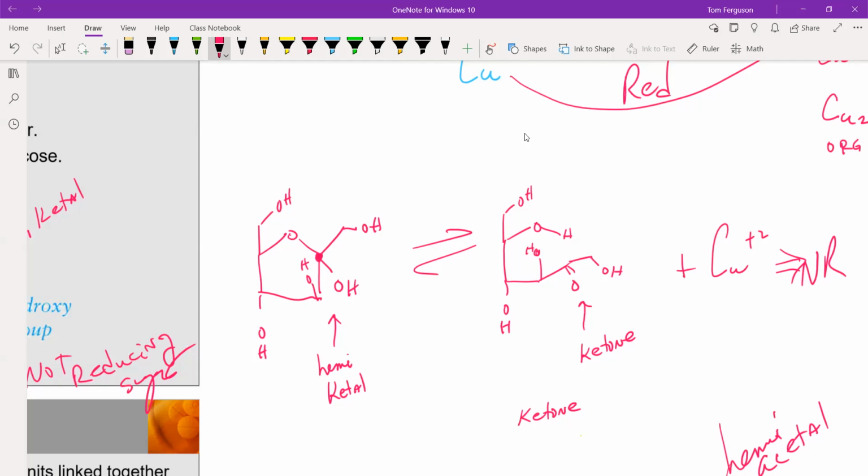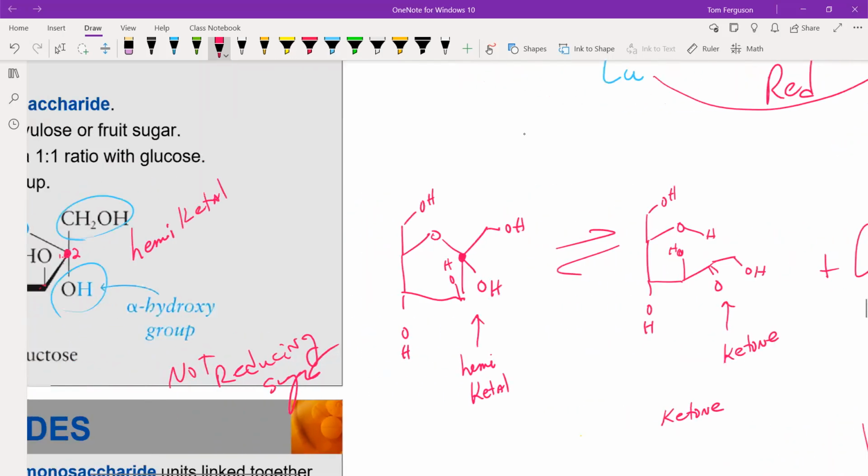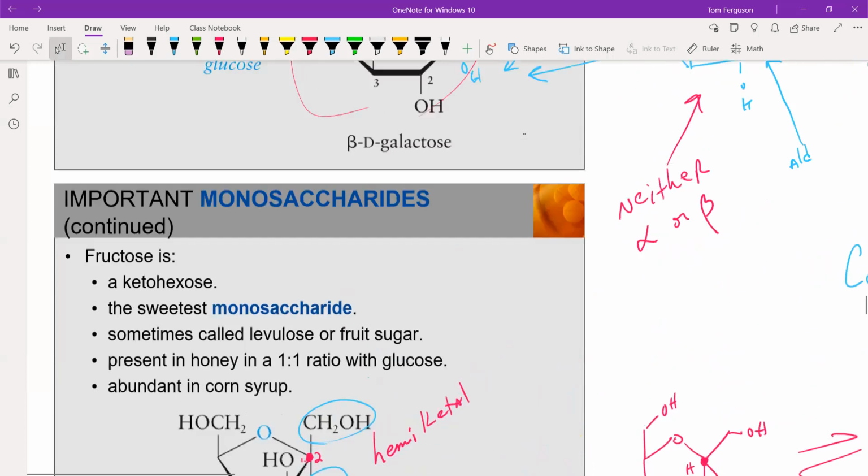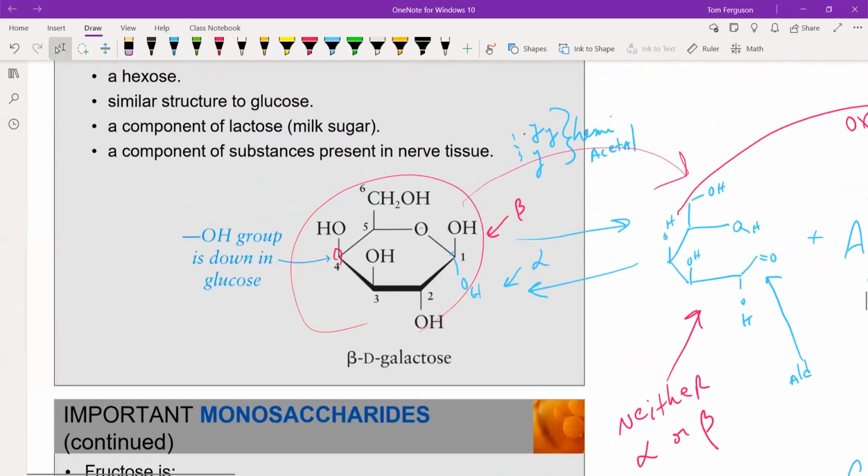But as far as our class is concerned, that's an exception that we may or may not talk about during the carbohydrate wet lab, depending on whether they have fructose as a possible reactant. Okay, so because it's a ketone, ketones cannot be oxidized, hence you'd have no reaction to this.